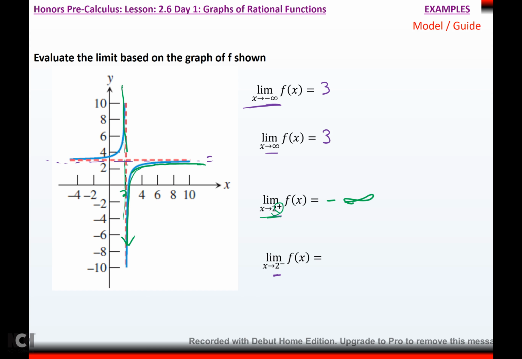As I get close to this dotted line, the green one I'm drawing, the function's going down to negative infinity. On this side, as I approach 2 from the left, I have to draw this side of it. I'm approaching the green line from the left. I'm tracing the function, which is now heading up and up and up, which means it's heading towards infinity.